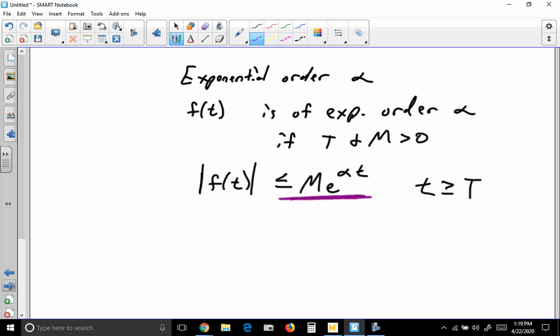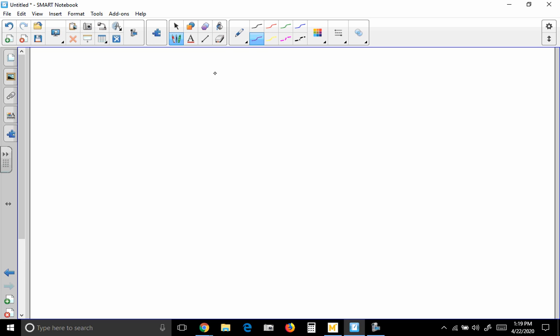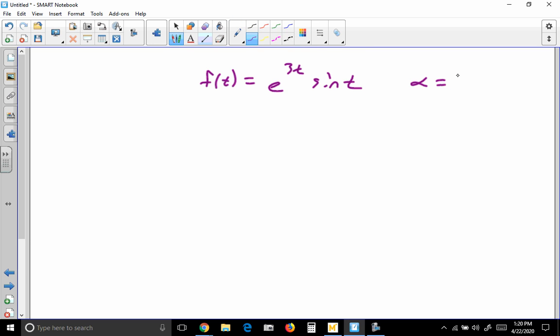An example of when we are of exponential order: if we have f of t equals e to the 3t sine t, the exponential order alpha turns out to be not 5, but 3. Why is that?